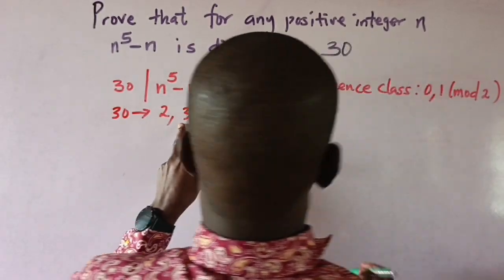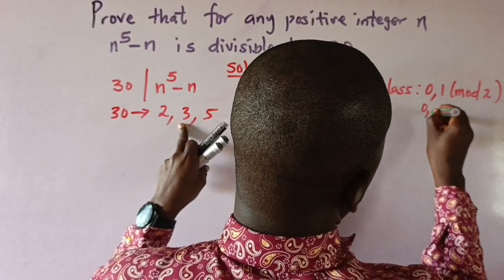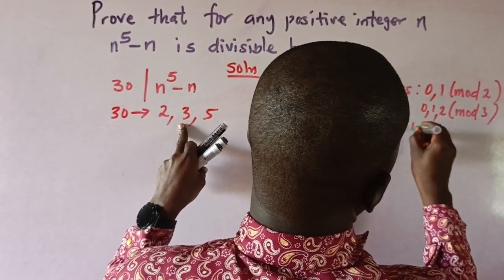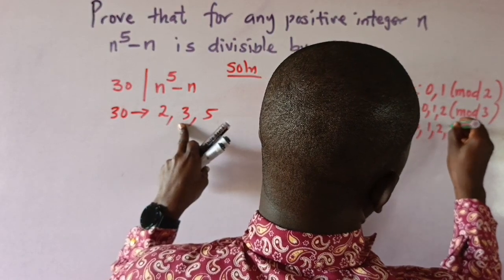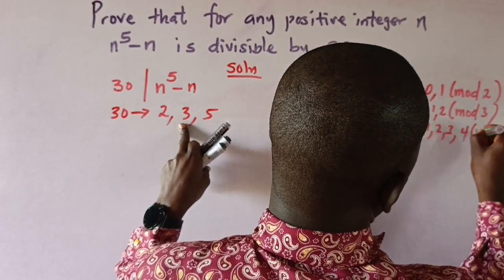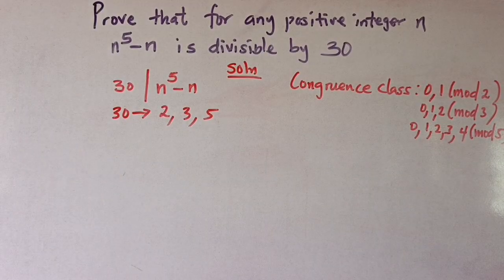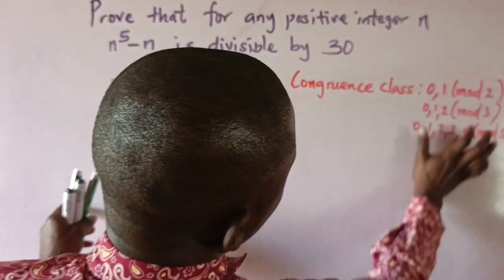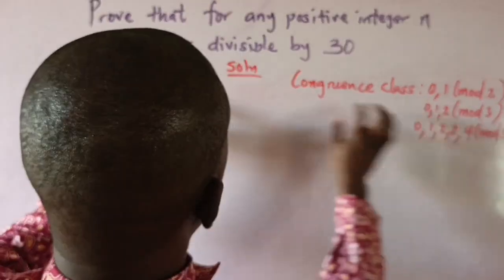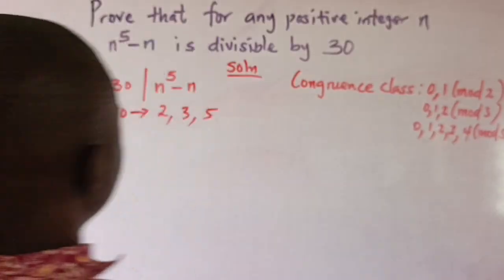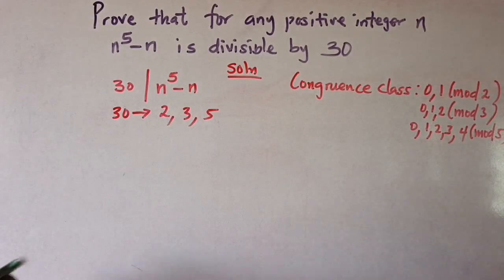Using the knowledge of modular arithmetic, 0, 1, 2 in mod 3, and 0, 1, 2, 3, 4 in mod 5. So that is what we need to do in generalizing the proof. We need to apply the method or the knowledge of modular arithmetic in generalizing the proof.